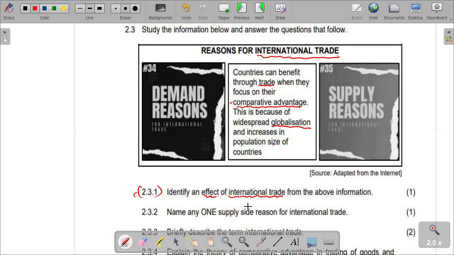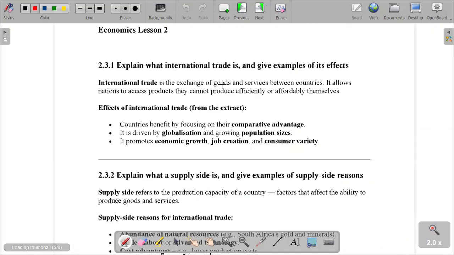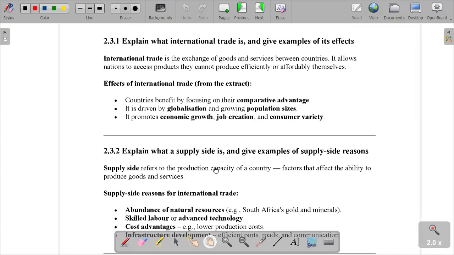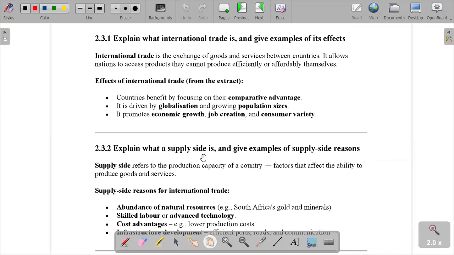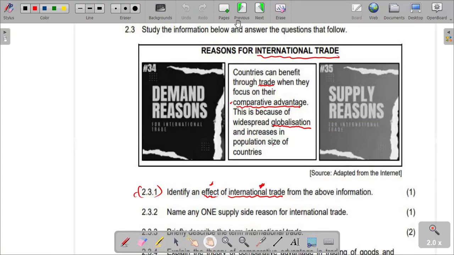Even if you might know what international trade is, or you might know the effects of international trade, try to understand what the question entails. So let's move on to our note. It says identify, or rather explain what international trade is.